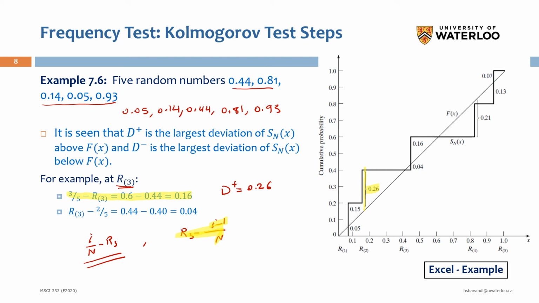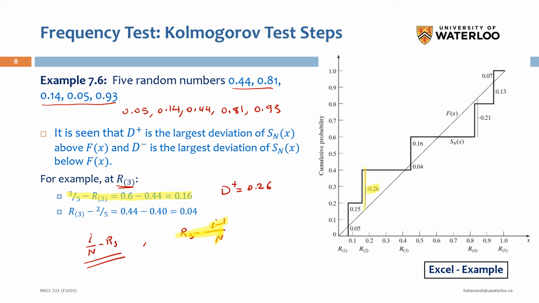So the probability of generating the value 1 in a sample of random numbers is almost zero. Because of that, we consider (i minus 1) over N to skip that situation.